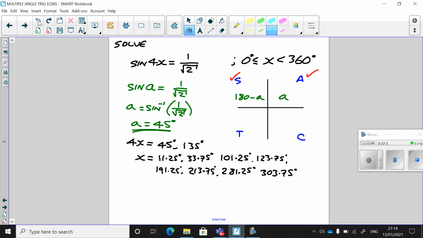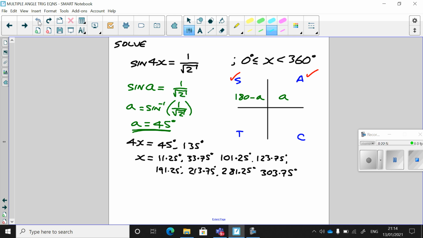See if you added 90 to both of those solutions, so 281.25, if I added 90 there, that would give you 371. So you're well over. But try it anyway if you're unsure. It looks like I've got 1, 2, 3, 4, 5, 6, 7, 8.